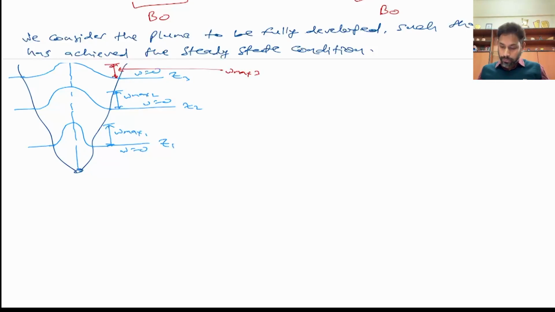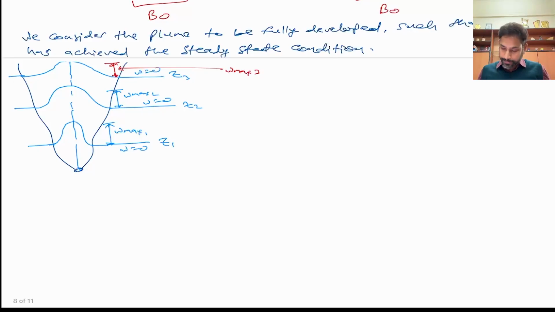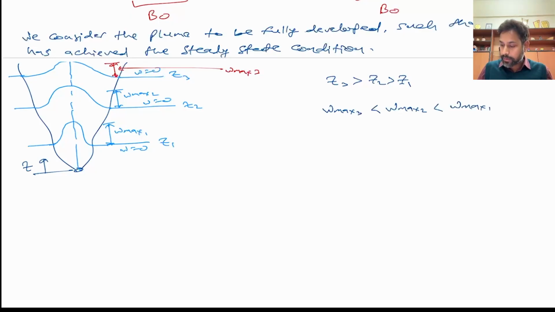What we see here is that Z3 is greater than Z2, which is greater than Z1, where from here we measure Z, and W max 3 is actually smaller than W max 2, which is smaller than W max 1.